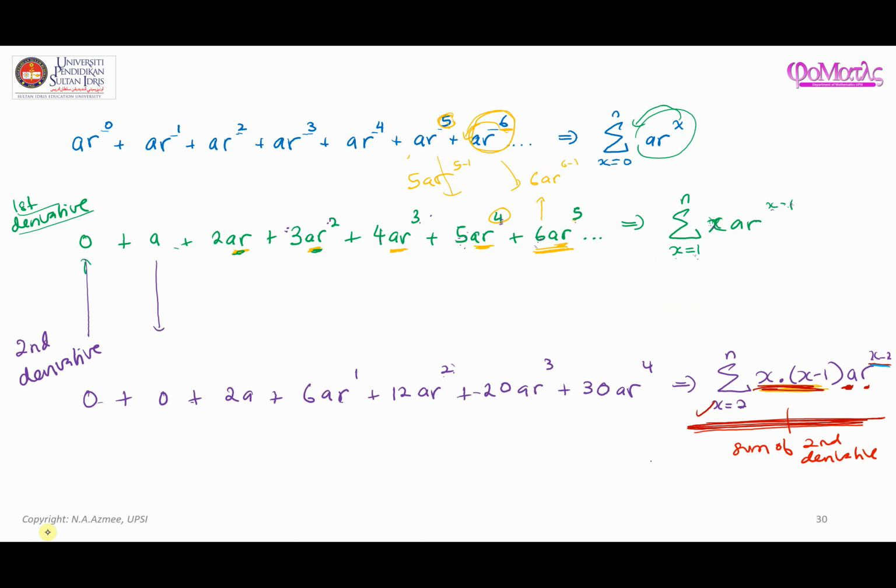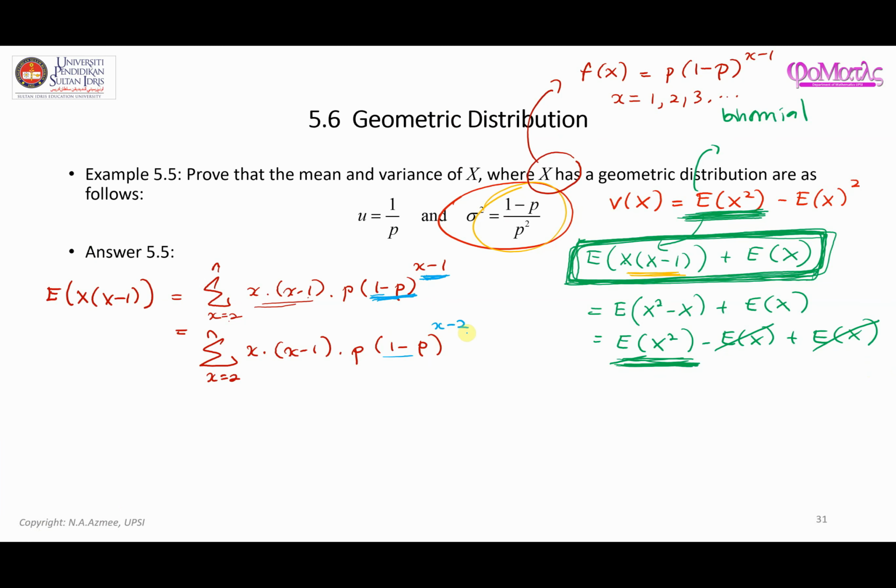Okay, here we got x minus 2. So if this is x minus 2, we cannot simply change it like that, because we need to make sure whatever changes here doesn't change the original expression. So that means we have 1 minus p to the x minus 2 times 1 minus p. You need to add that 1 minus p. So the whole thing here is equal to this part.